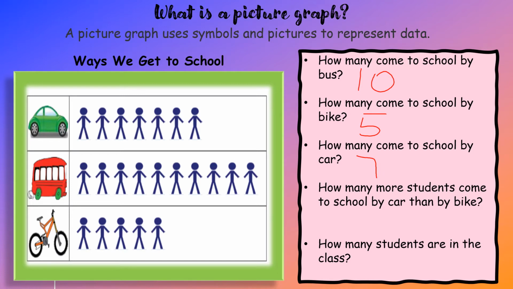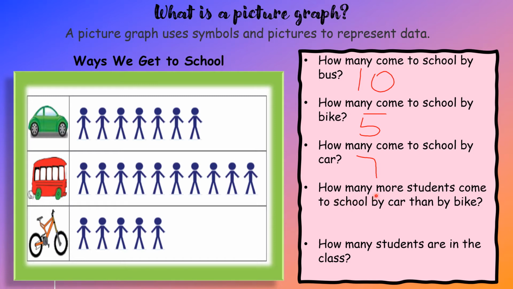The next question says, how many more students come to school by car than by bike? Whenever you have a question that says how many more, we are usually going to subtract. Okay?